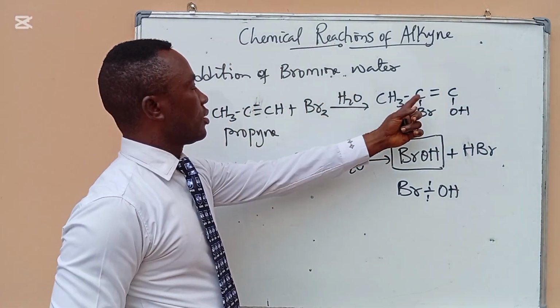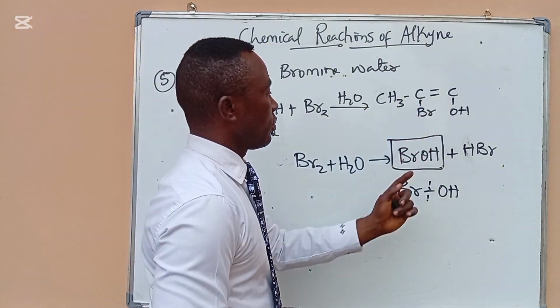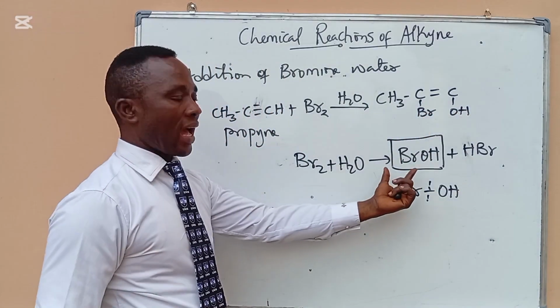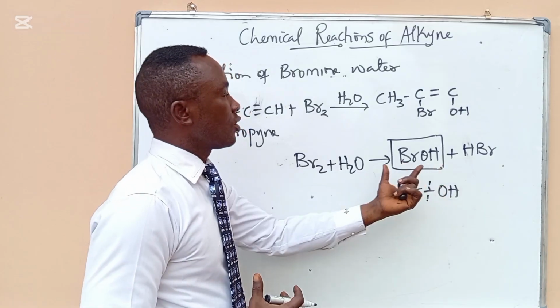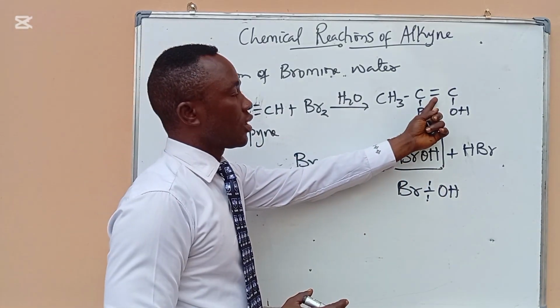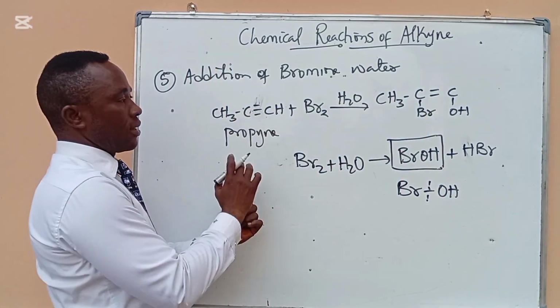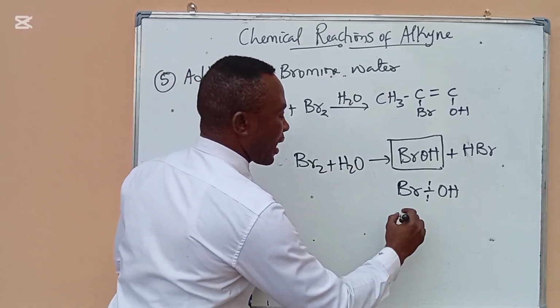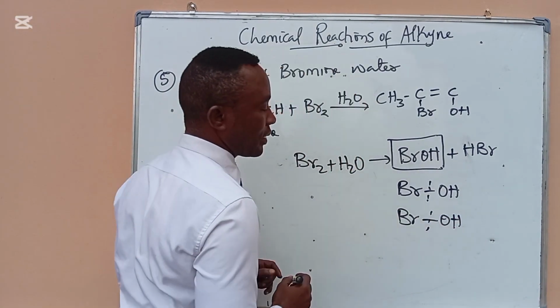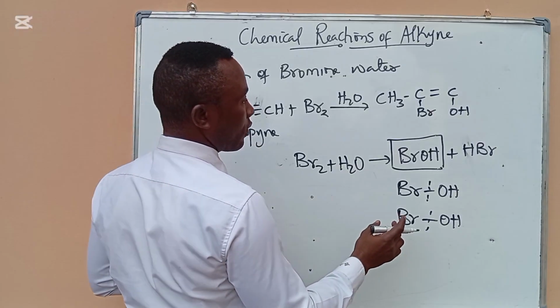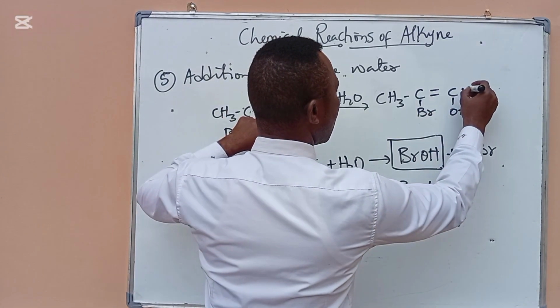So one of the bonds from here has broken because we have added groups. But I told you that we will need 2 molecules of hypobromous acid to fully saturate this propyne. That means another hypobromous acid will be added, obeying Markovnikov's rule once again.